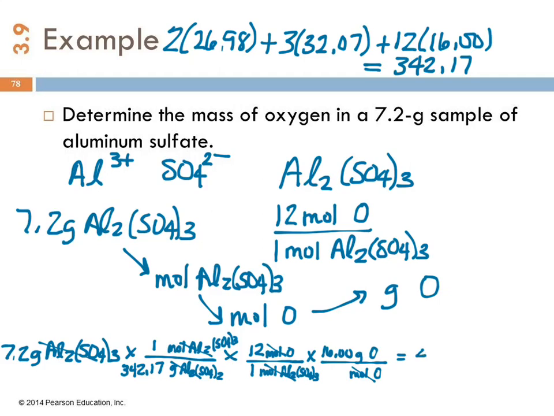So this is going to be 4.0 grams of oxygen. Is that reasonable? Yeah, it is. Would 40 be reasonable? No, because how could you get 40 grams of oxygen in 7.2 grams of a compound, right? That doesn't work out. Questions?